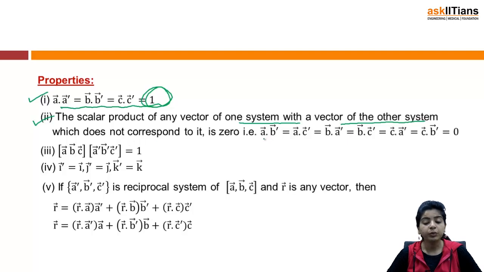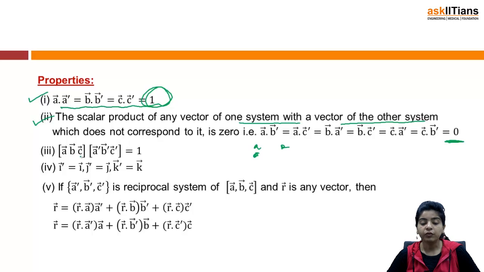Does not correspond to it means if we are taking A, then we are taking B' or C', not A'. So the product of A with B', or A with C', or B with A', that is not two corresponding terms, then this dot product always turns out to be 0.